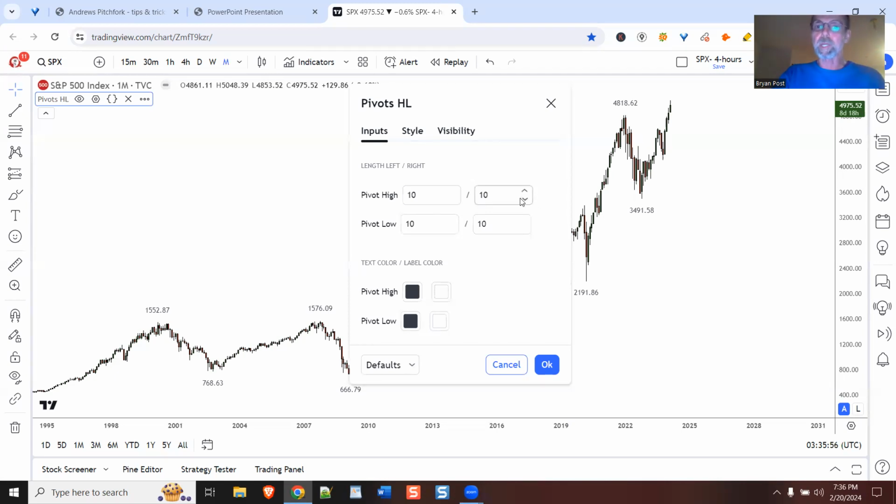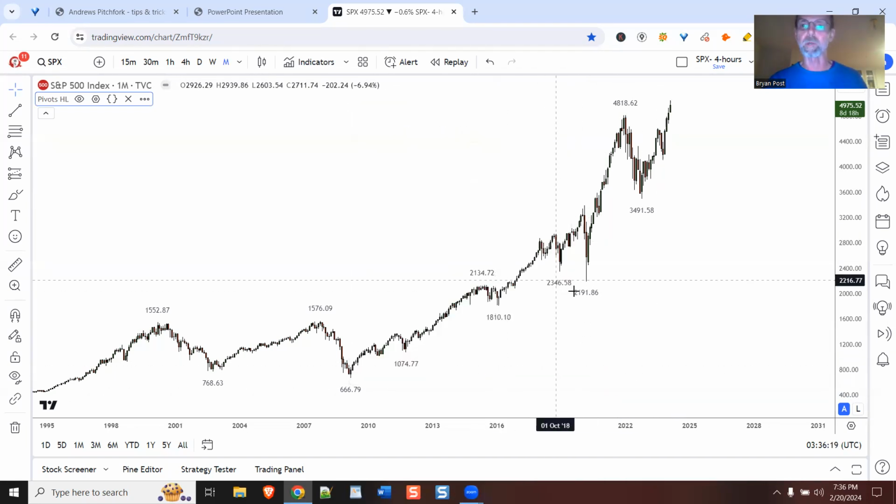And of course, you can adjust that up and down depending on the magnitude of turn you are looking for. And so we can see here that they're using 10 bars on either side of the swing point or pivot point to make the determination that a swing or a pivot has occurred. And so we'll stick with that default value.